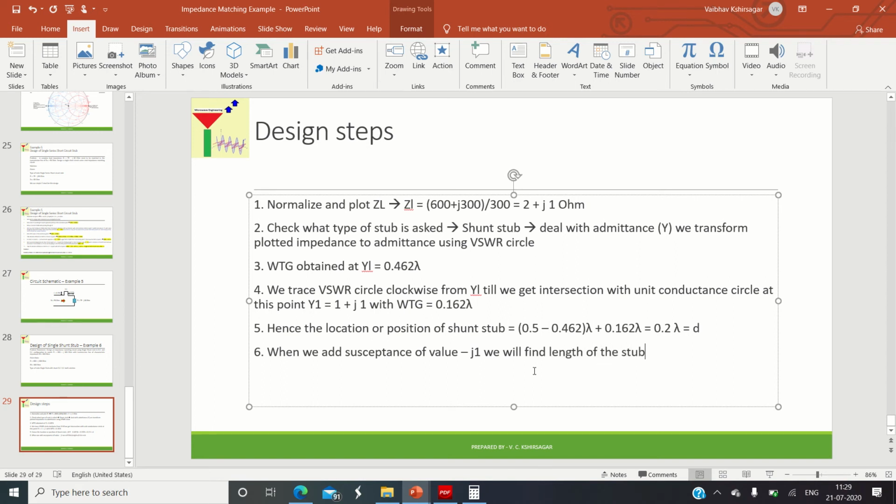So next procedure is plot minus J1 susceptance and denote it with 0.2. Okay, so what we do is we will plot negative susceptance of value 1 and denote that point as point number 2.